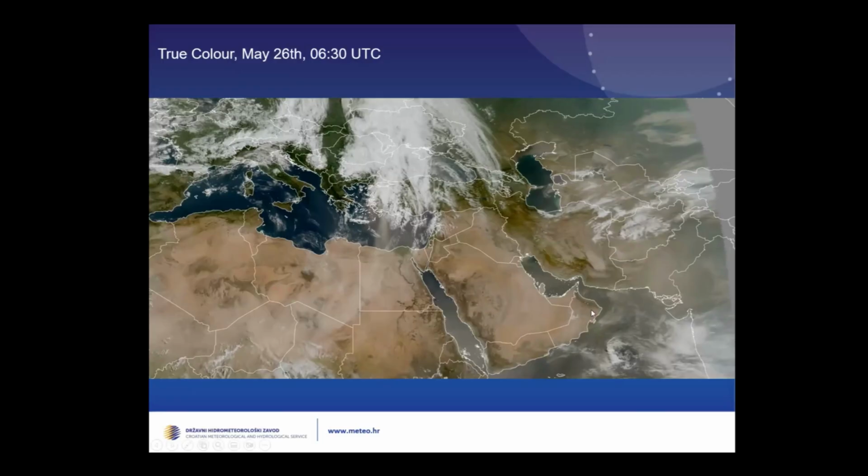And as you can see, it's really well seen here on the True Color RGB. So the reason why this dust storm was so pronounced is the seasonal wind, the preceding heat wave and drought that created really good environment for strong lifting that is necessary for convection.